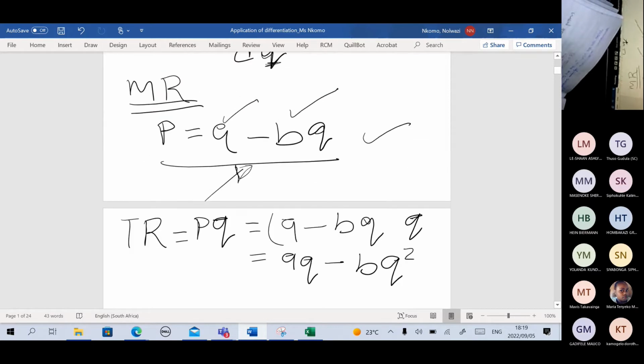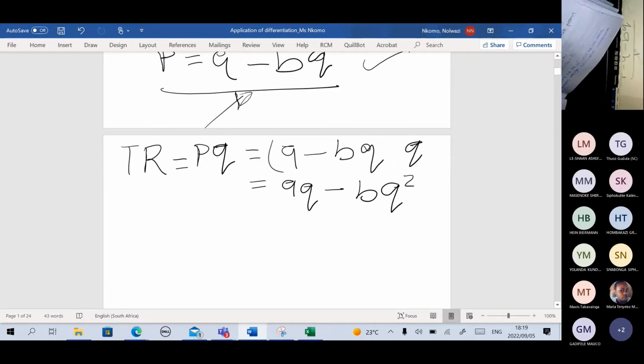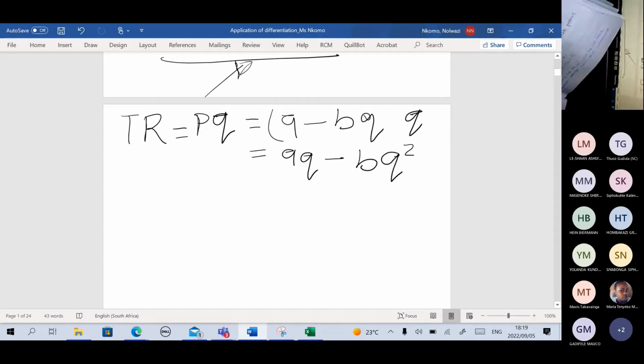So if you are given a demand function, from the demand function you can find the total revenue by multiplying the demand function by the number of units demanded. Okay. Now we have the total revenue, right? From the total revenue, what can we find?